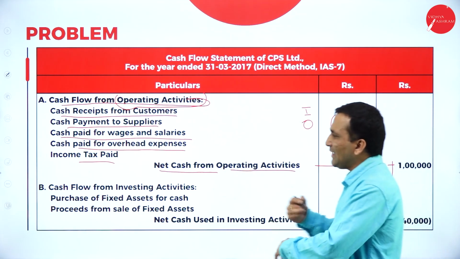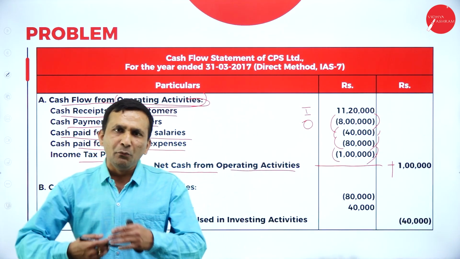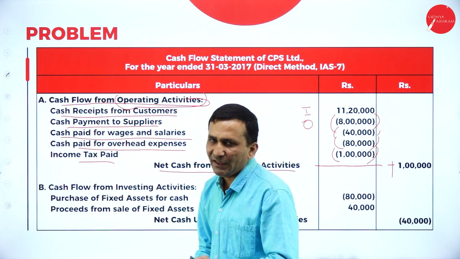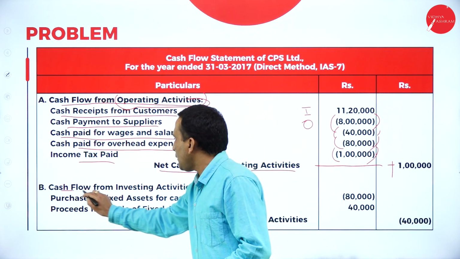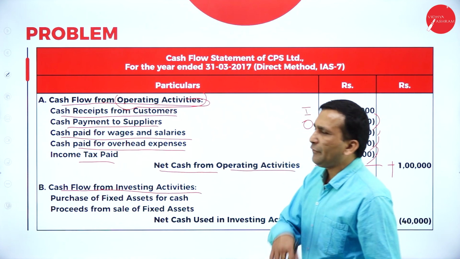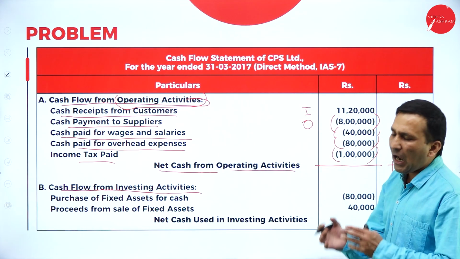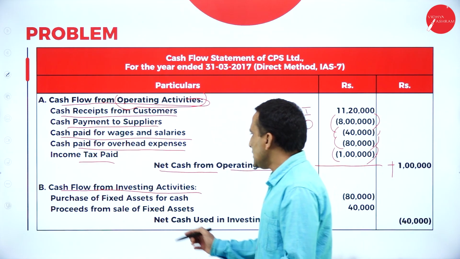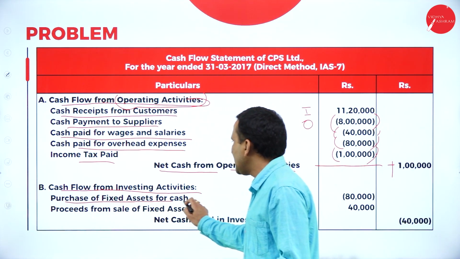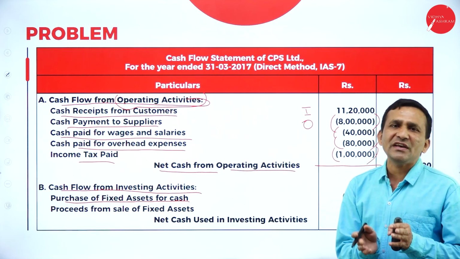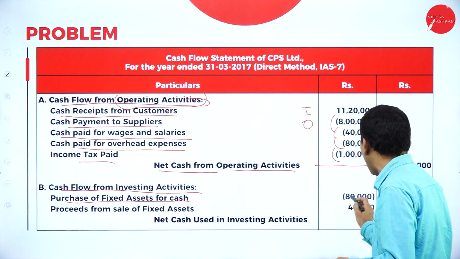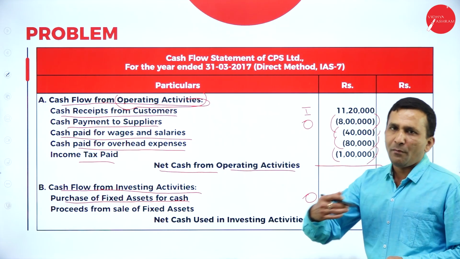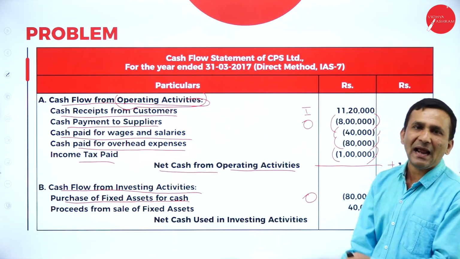Once you have completed operating activity, move to the investment activity. Again we need to refer to the question. So cash flow from investment activity: where exactly you invested, how you are receiving. Here the purchase of fixed asset: whenever you purchase a fixed asset, the money is going, so it comes under outflow category, 80,000 is an outflow, and that's why I have written it in brackets.